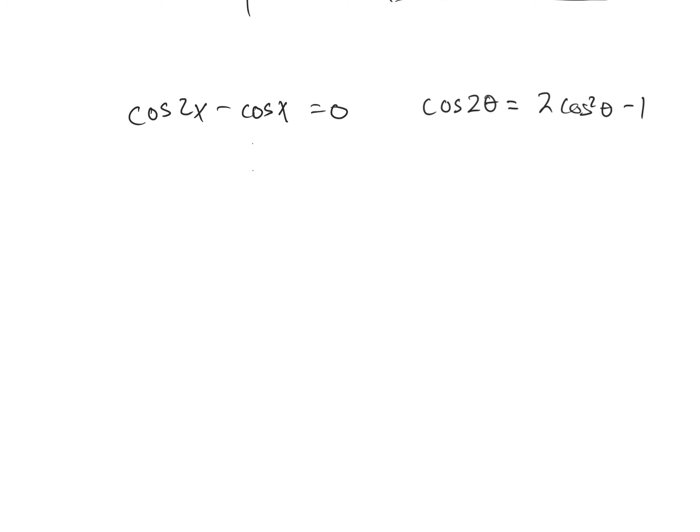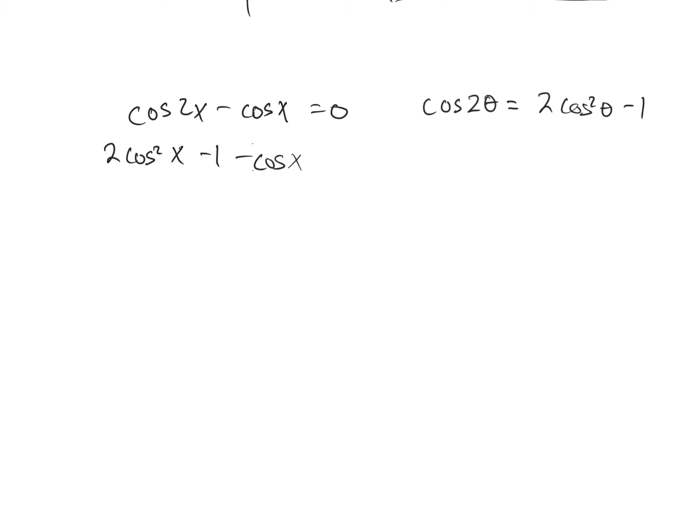That's the identity I want to use because I want to keep it purely cosine. So this becomes 2 cosine squared of x minus 1 minus cosine of x.